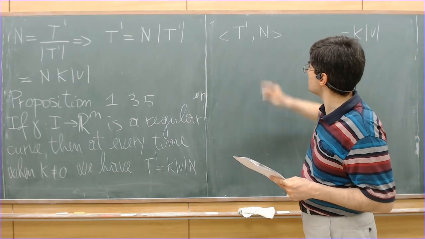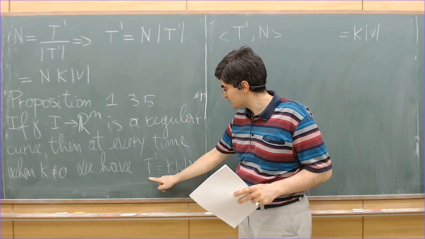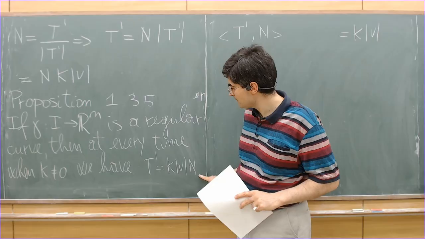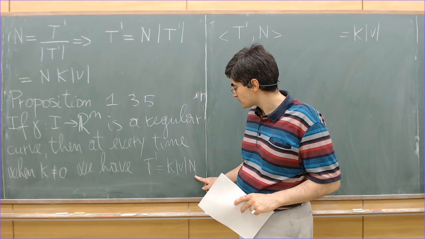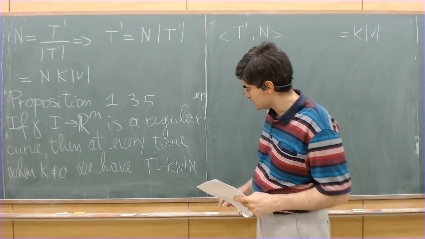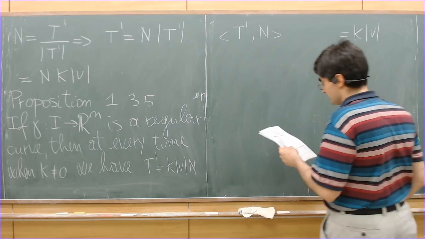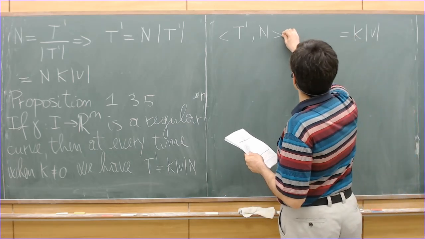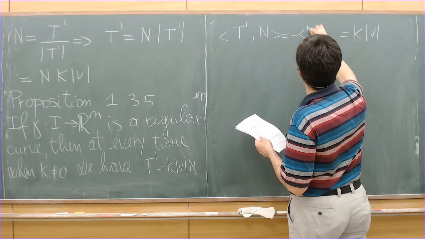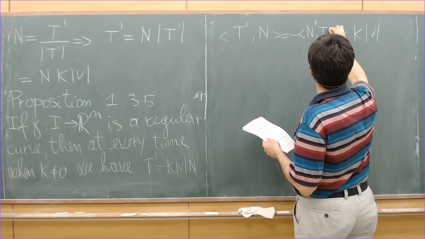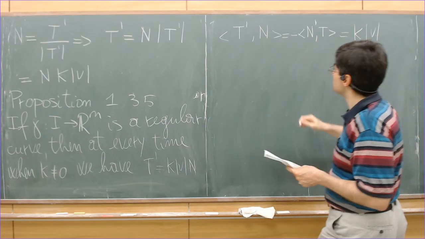This formula is immediate. To obtain it, I multiply both sides by n and use the fact that n is a vector of length 1, but this is also equal to minus n prime t. How to prove that this is true?